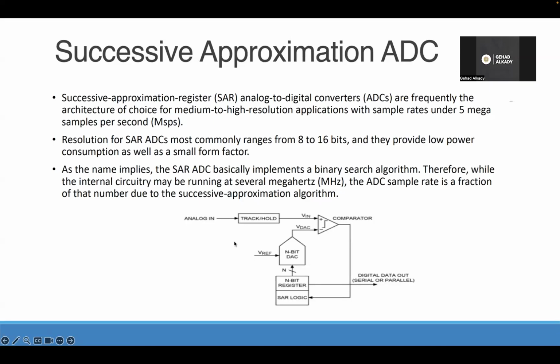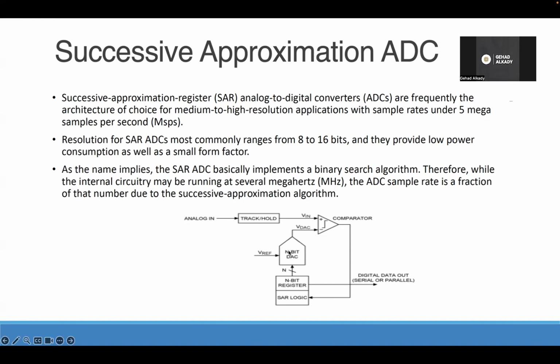So the analog input voltage is held on the track and hold, and the reference value, or the maximum analog amplitude expected, is given to the digital to analog converter block here. The number of bits of the DAC should be the same as the number of bits of the ADC.